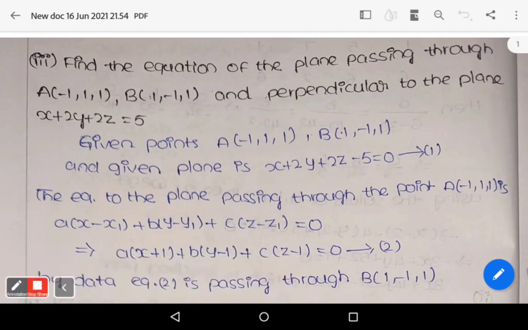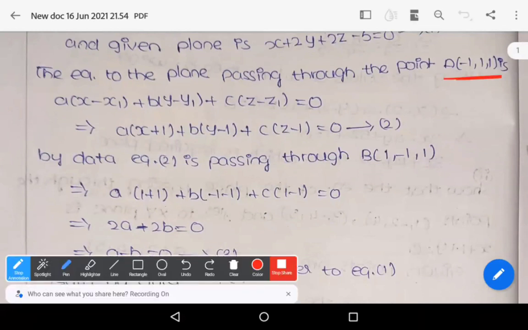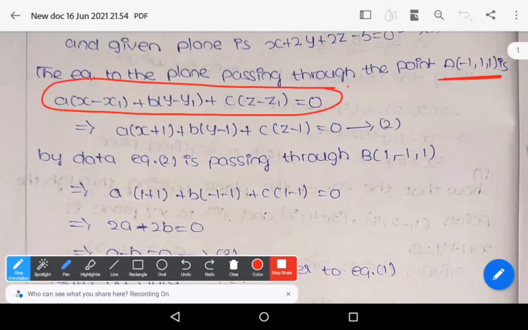Now write the equation of the plane passing through the point A(-1, 1, 1). This is one of the very important formulas: a(x - x1) + b(y - y1) + c(z - z1) = 0, where x1, y1, z1 are taken from this point, -1, 1 and 1.